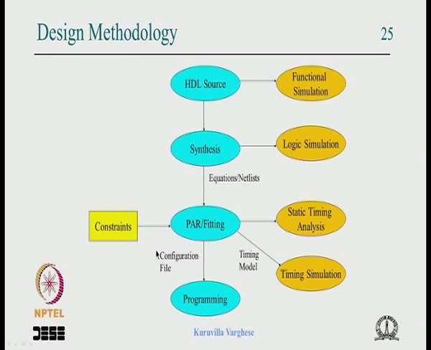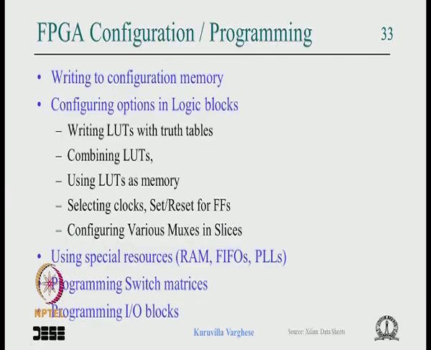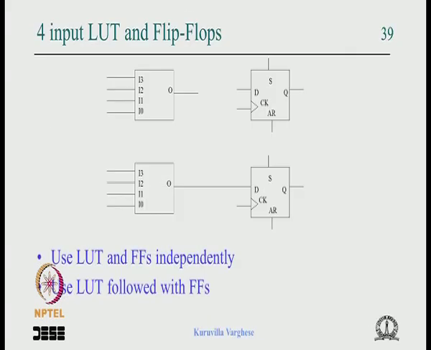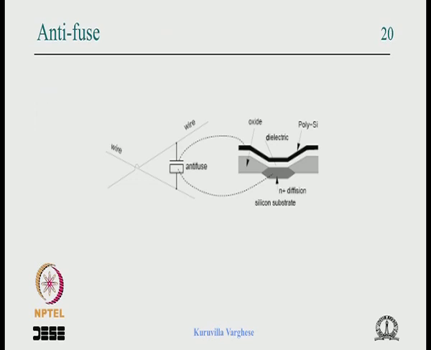Suppose you want some performance. You designed a counter with flip flops and next state logic, and you are planning to clock the counter at say 300 megahertz. If the counter flip flops are placed apart in the chip, okay, we will come back to that chip diagram.